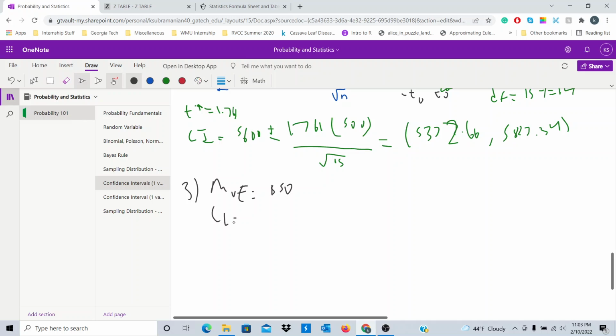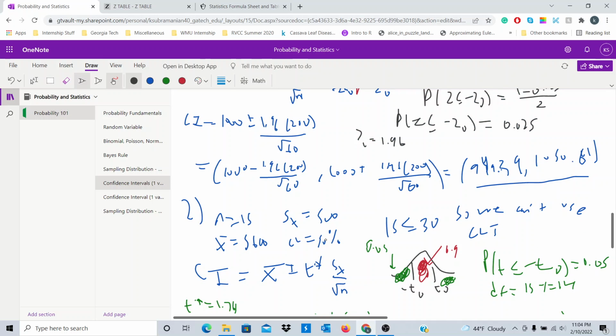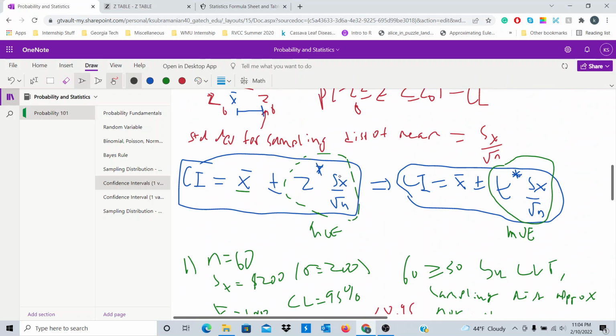We know that the confidence level is 90%, and we also know that the standard deviation, s sub x, is $200. The only question that remains is, what is n? So we have our confidence interval for the mean. When we look at our formula carefully, which is the term corresponding to the margin of error? It's this term that I've circled here in the green dotted lines.